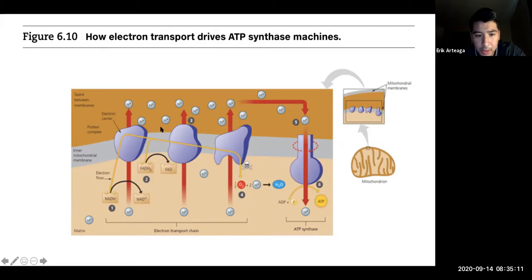Okay. All right. If you have any questions, please let me know. I know this is kind of confusing. Again, I'm giving you the detail behind this, but there's a few things that I do want you to know only. This potential gradient here that we use to harvest ATP from.